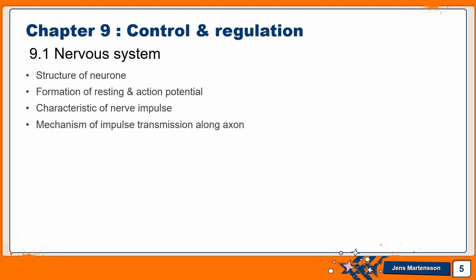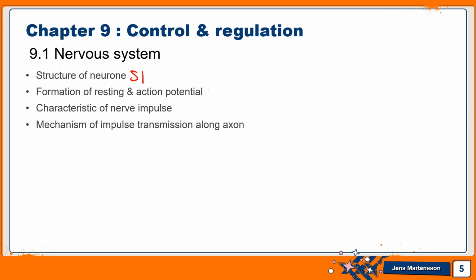So the first thing is you have to learn the structure of the neuron. Actually, this topic you already learned in Sem 1, chapter 2, where you learned nervous tissue, the structure of the neuron and the types of neuron. But in semester 2 you have to learn it also, because you have to know the structure first, then you can understand the further topics.